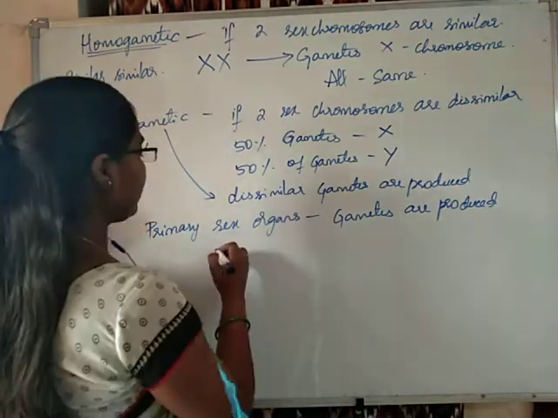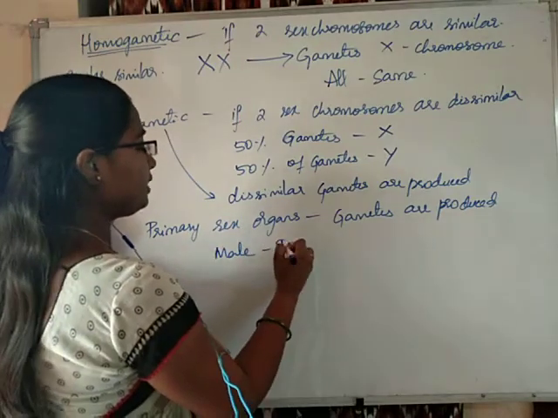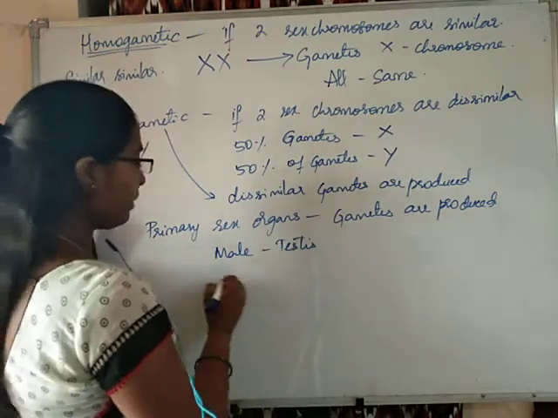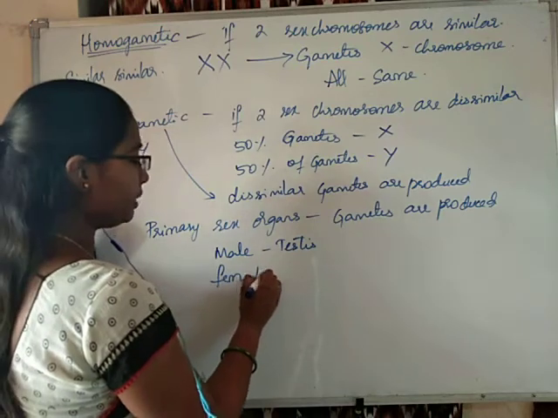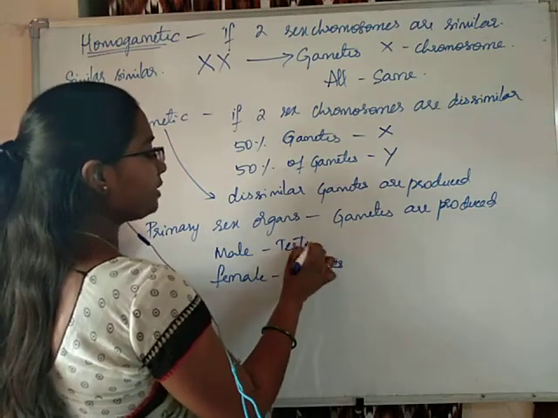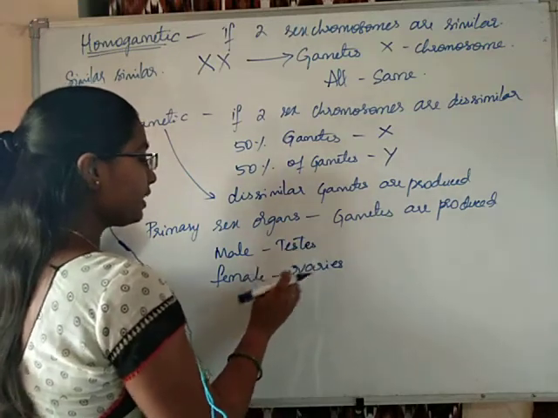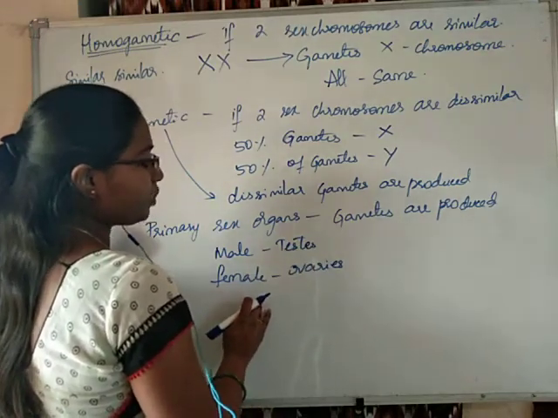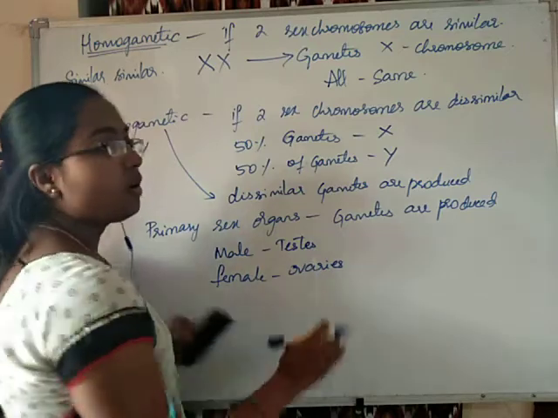The primary sex organ in males is the testis, and the primary sex organs in females are the ovaries.